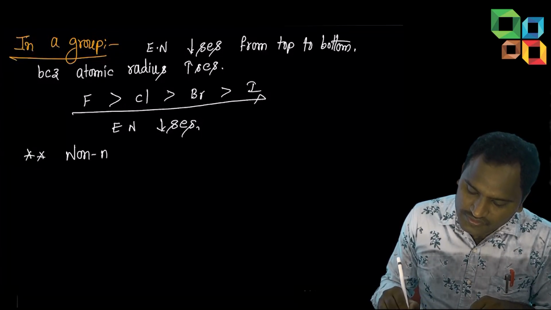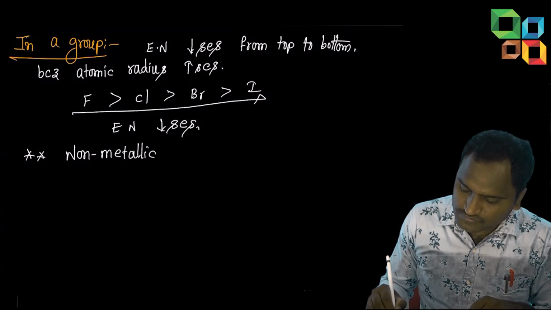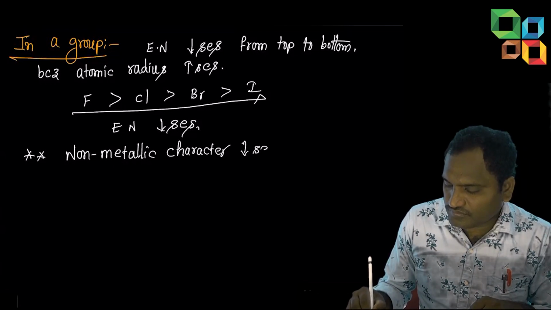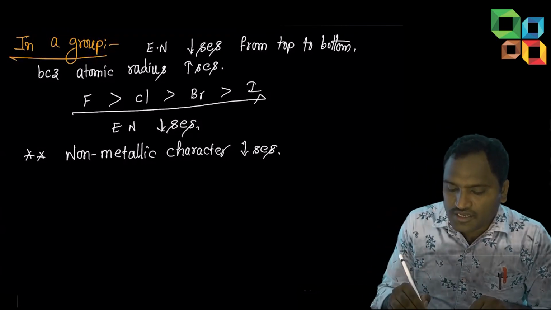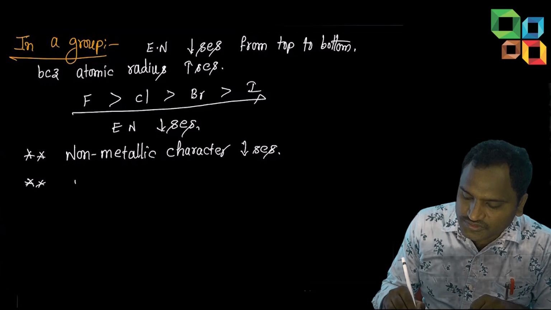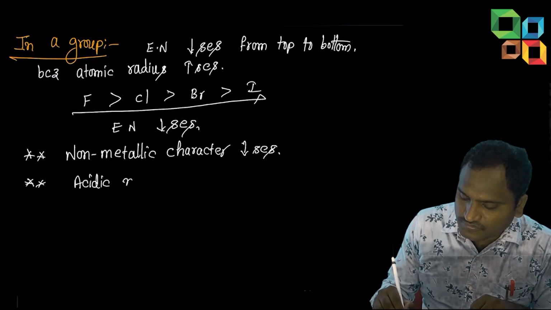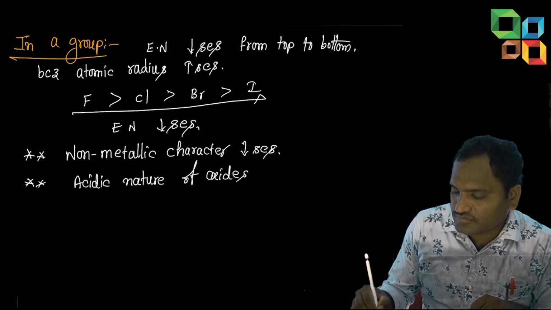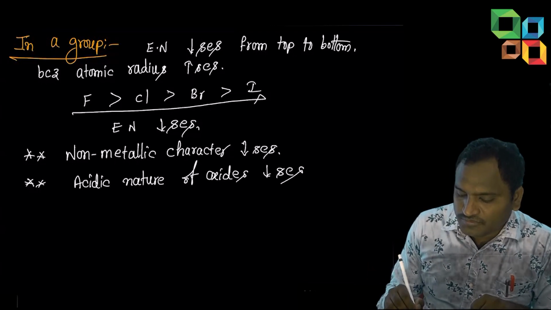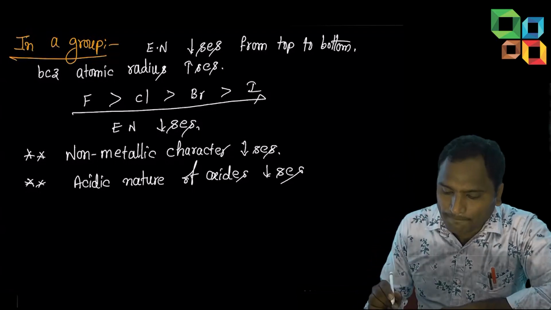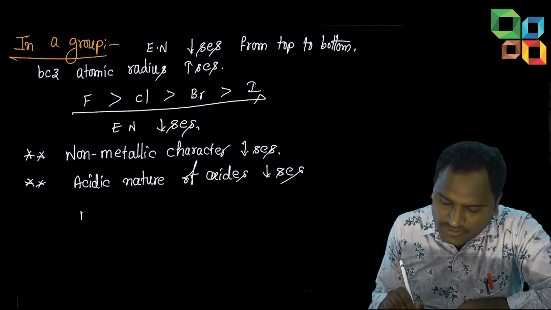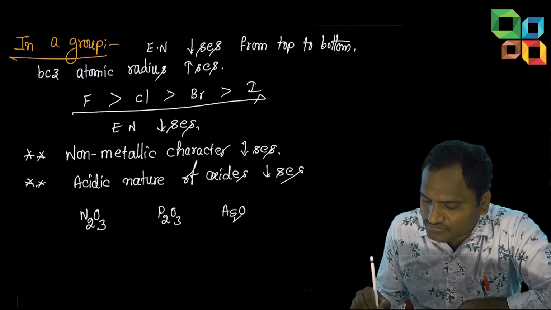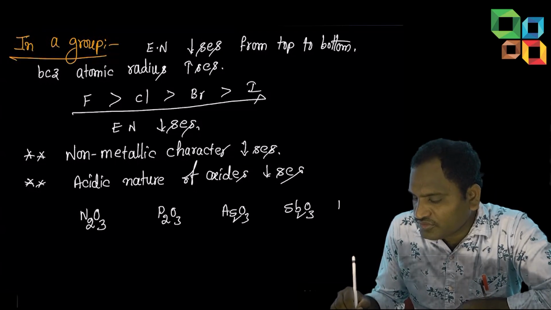So non-metallic character decreases, and the acidic nature of oxides decreases. Example, 15th group elements' oxides I am taking: N2O3, P2O3, As2O3, Sb2O3, Bi2O3.